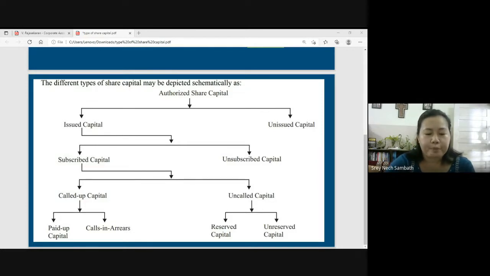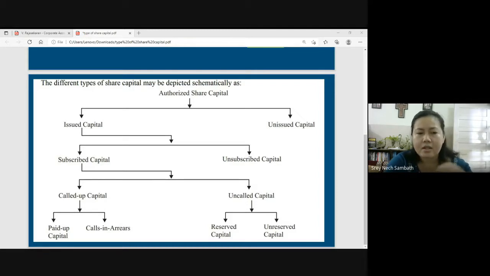So in authorized capital, we have issued capital and unissued capital, and we will focus on the issued capital, because unissued capital is not put out, so there's nothing really to understand about it. Under issued capital, it is further divided into subscribed capital and unsubscribed capital.